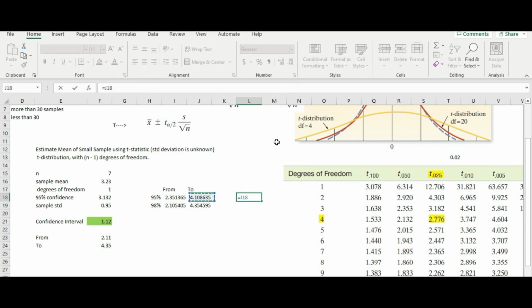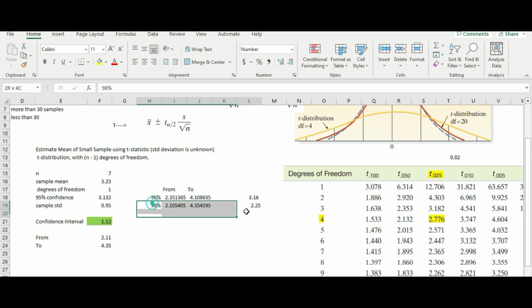On the interval side, the higher the confidence level, the wider the interval. We also discussed this in past activities. For the 98% confidence level, it's around 2.10 to 4.35, and for 95%, it's 2.35 to 4.11.